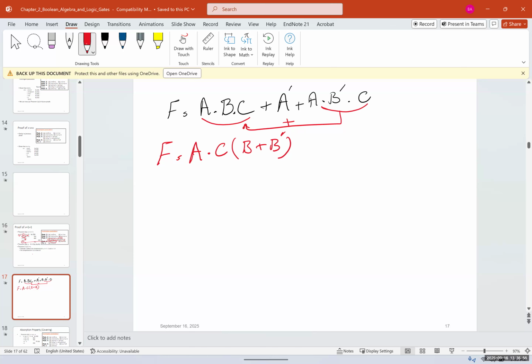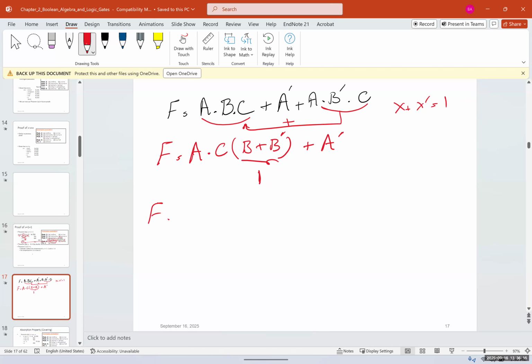Or, no, you can't, because that is one literal term. These are 3 literal terms. And all of that plus A prime. What is B plus B prime? What was X plus X prime? 1 always. So this is 1.